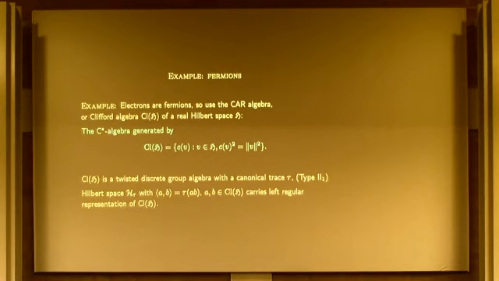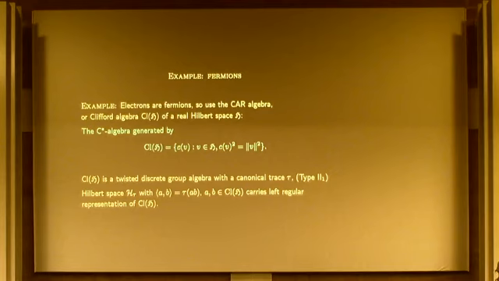And so the Clifford algebra is just generated by elements in the Hilbert space, but in such a way that the square of the operators is equal to the norm squared of the vector. I guess there should be times the identity there, but I have that. You can also think of the Clifford algebra as a twisted group algebra of a certain discrete group.